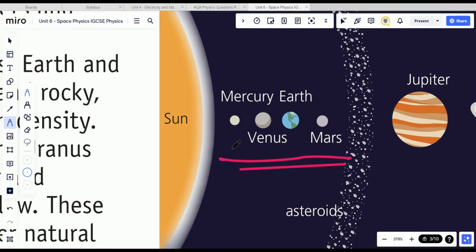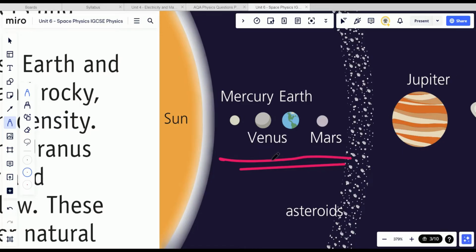Mercury, right? And then we have Venus, and then we have Earth, and then we have Mars. If I say what are the two planets which are the neighbors of Earth, what would those be? Venus and Mars, right?